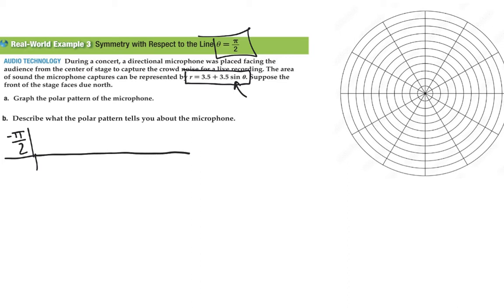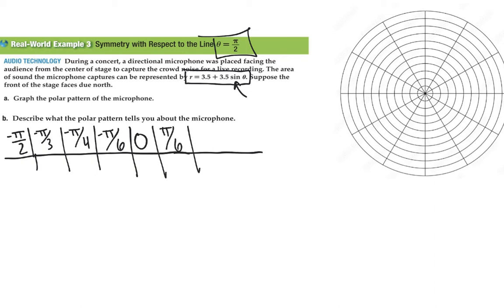So if you just go along and follow all the pieces: negative pi over 3, negative pi over 4, negative pi over 6, 0, pi over 6, pi over 4, pi over 3, and then pi over 2.